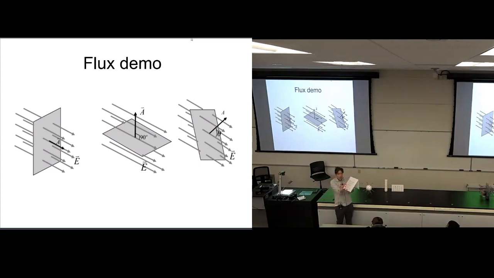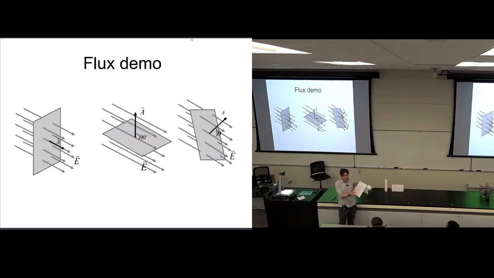The question I want to ask you is, which surface has the larger flux? Think about which one has the larger electric flux through the surface. Now, the answer is that they both have the same electrical flux, despite the fact that one is larger, one is smaller, and they're oriented differently.